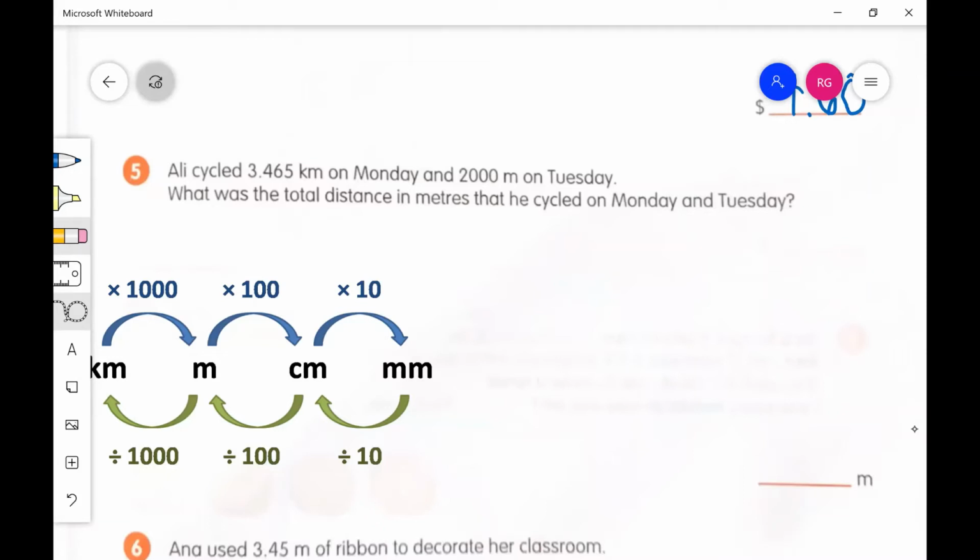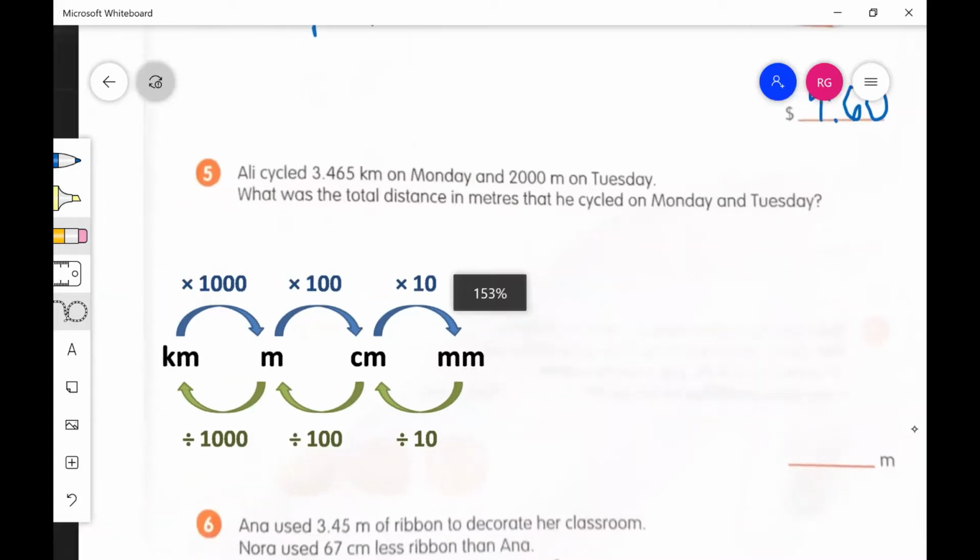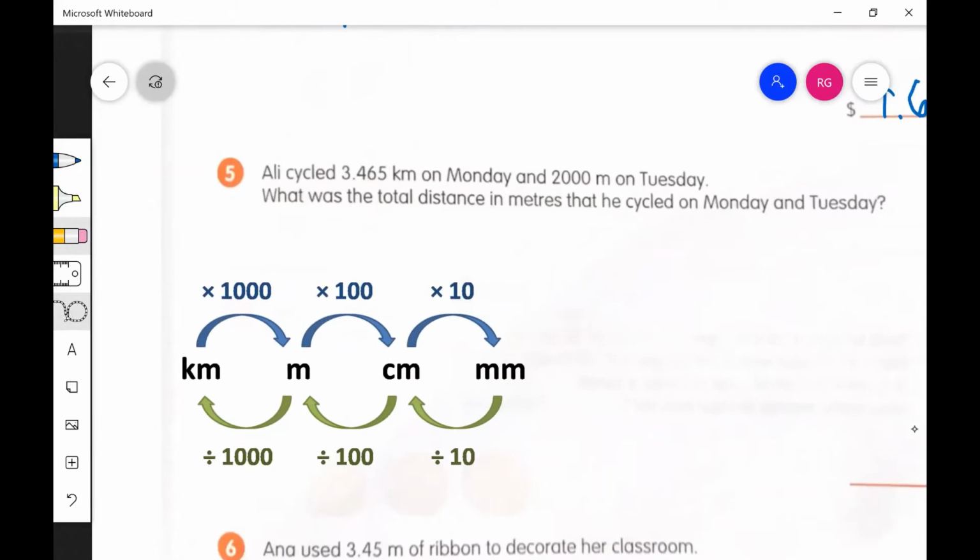All right, so Ali cycled 3.465 kilometers. I like to actually use these charts here. I like to write 3.465 kilometers. Okay. And we are going to be, let's see, your total distance in what?